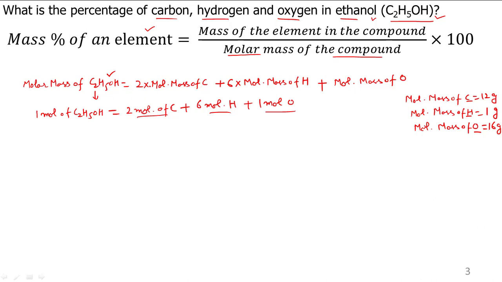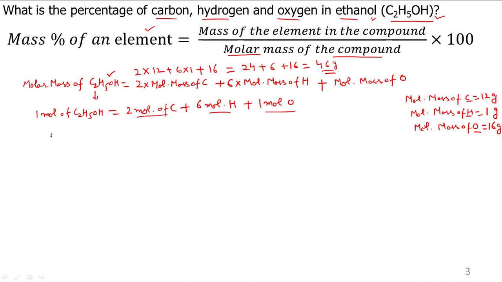So the molar mass of ethanol is 2 into the molar mass of carbon, which is 12, plus 6 into 1 plus 16, so it is equal to 2 into 12, which is 24, 24 plus 6 plus 16, so it is equal to 30 plus 16, which is equal to 46 gram.